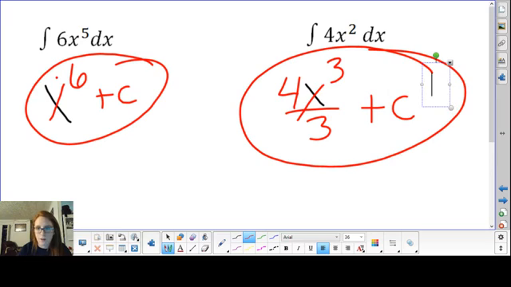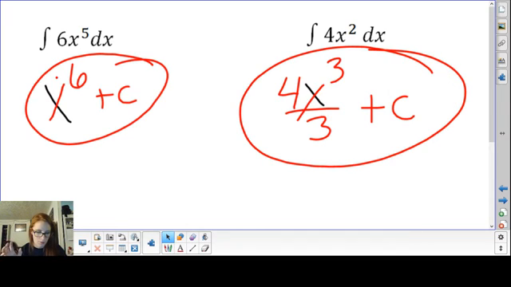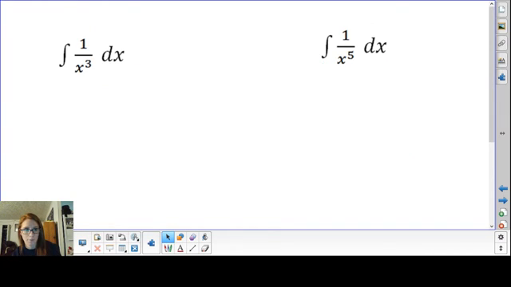Even if you got all 4 of those, I want you to stick around because we're going to do something that I want to talk about, so that way you can't say we've never seen it. So when I have stuff in the denominator, I have to make it look like something we know how to do. So I have to simplify it.